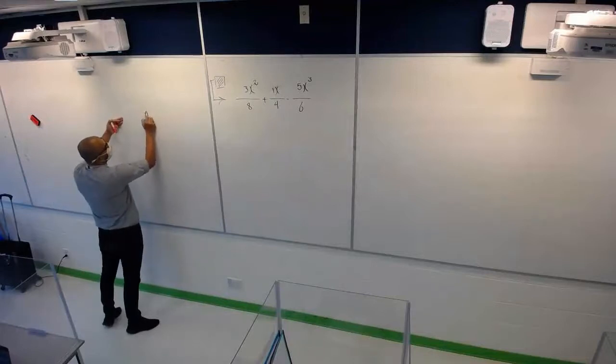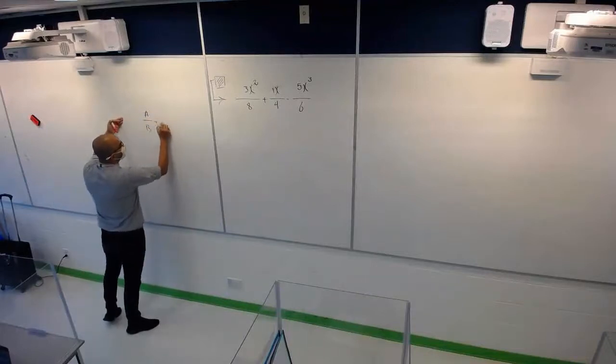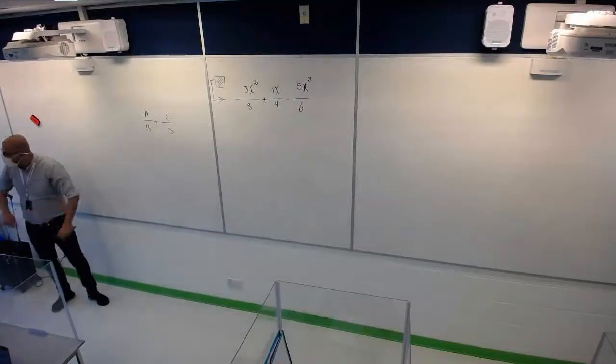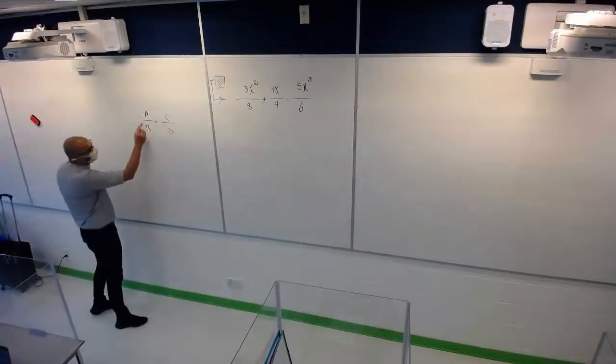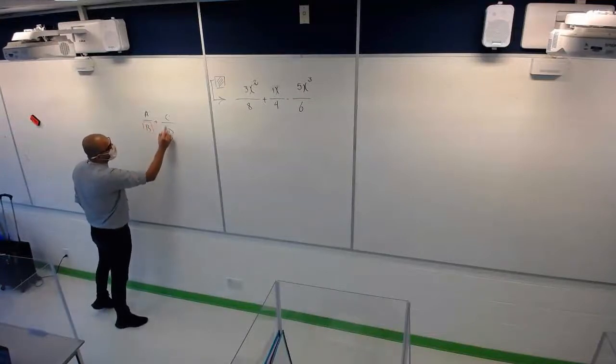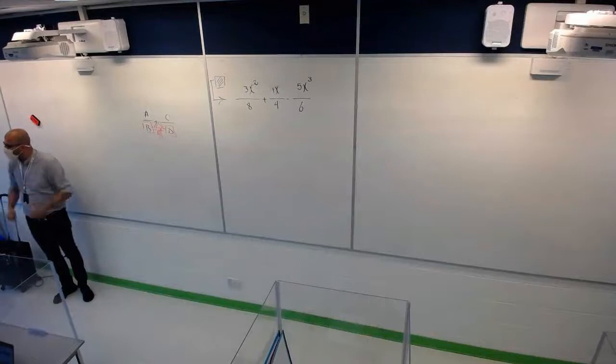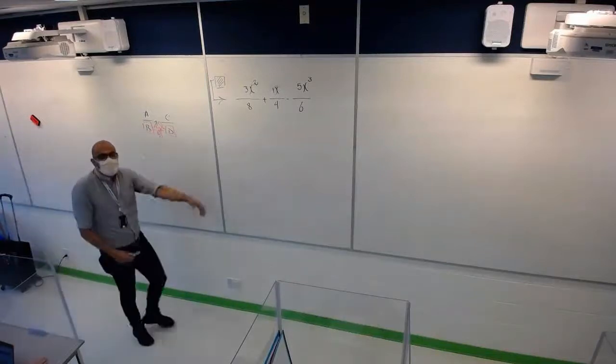When I learned math, I learned that if I have A over B plus C over D, I have two denominators. Imagine this is a hand, and also this is a hand. They are just going to shake hands. They are going to be friends. But how? What do I mean by this?